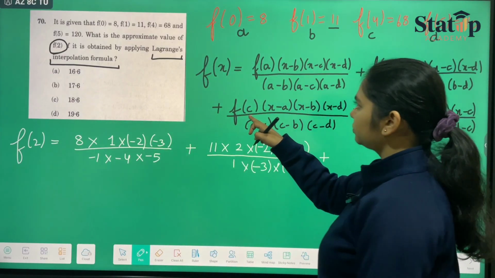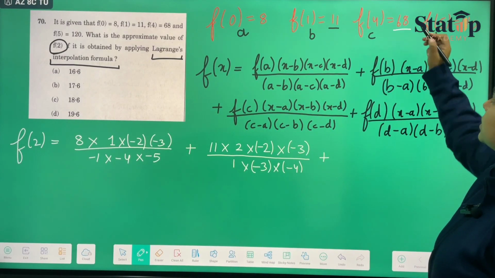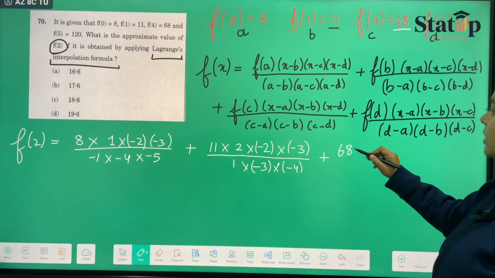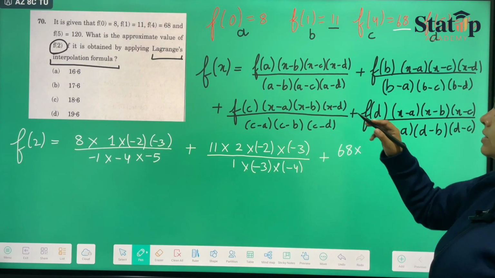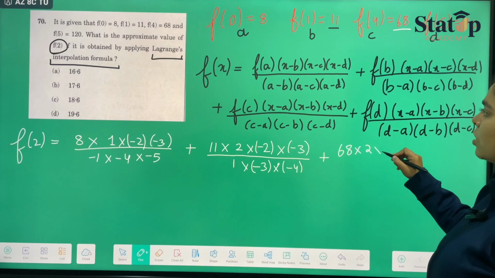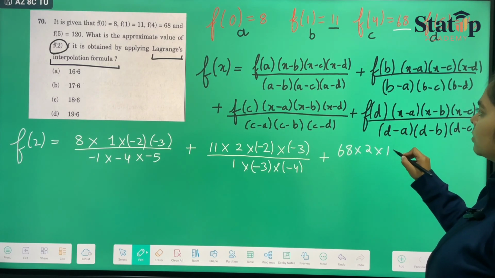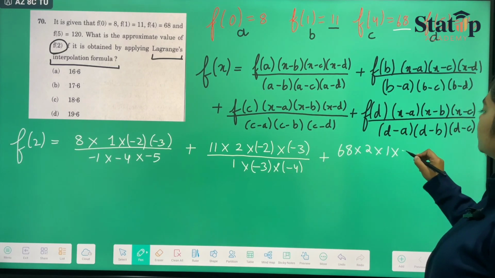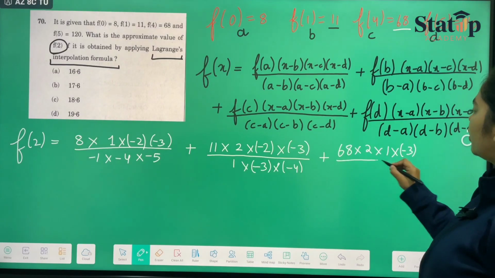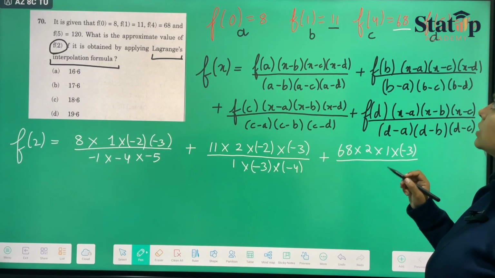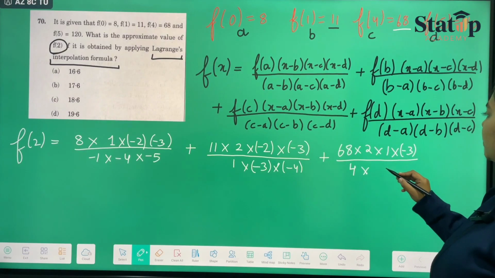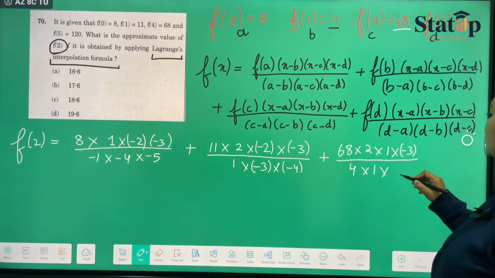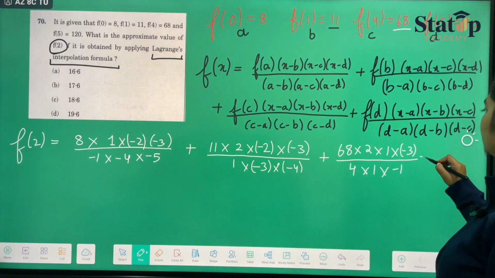Plus f of c. F of c is 68, into x minus a. X is 2, so 2 minus 0 is 2, 2 minus 1 is 1, 2 minus 5 is minus 3, upon c minus a, 4 minus 0, c minus b, 4 minus 1, and c minus d, 4 minus 5 will be minus 1.